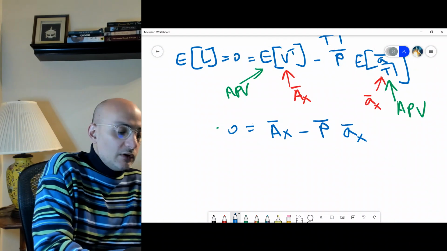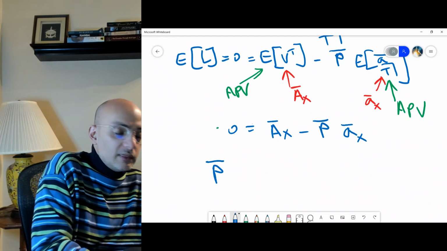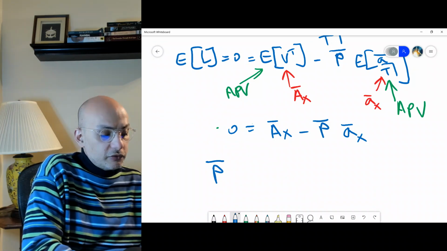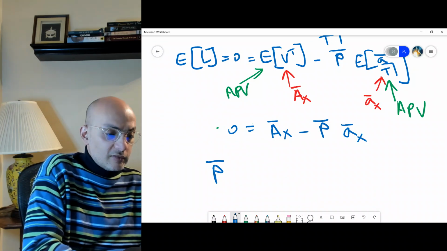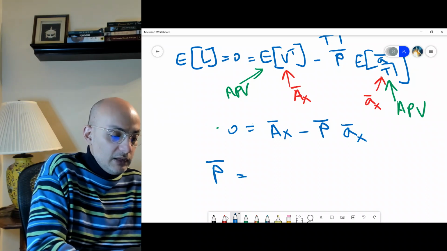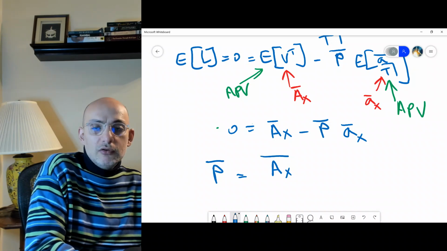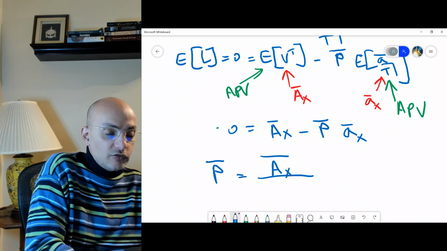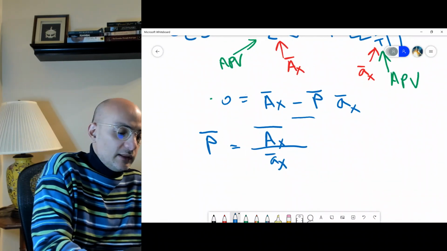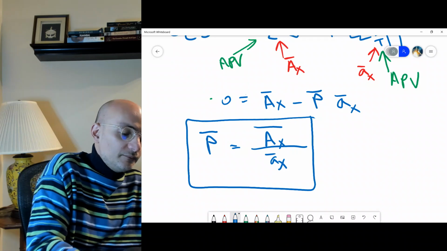You set it equal to 0. We need to use the equivalence principle to solve for the premium that sets the expected loss to be 0. So the premium is the actuarial present value of the benefit divided by the actuarial present value of the continuous annuity. And this is very, very important, right?